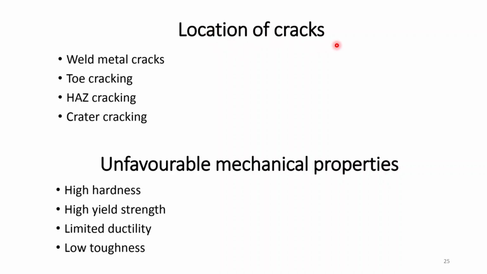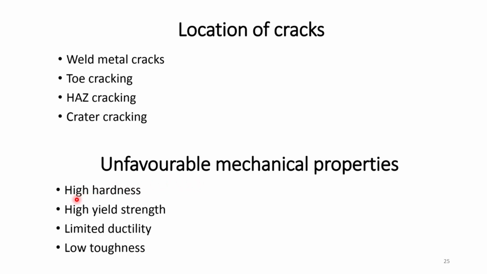Next is location of cracks. Weld metal cracks, toe cracking, heat affected zone cracking, and crater cracking. These depend on the location of cracks. And unfavorable mechanical properties: if your material has these types of properties, it is more likely to undergo fracture.